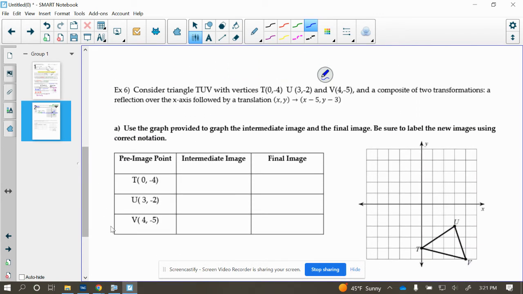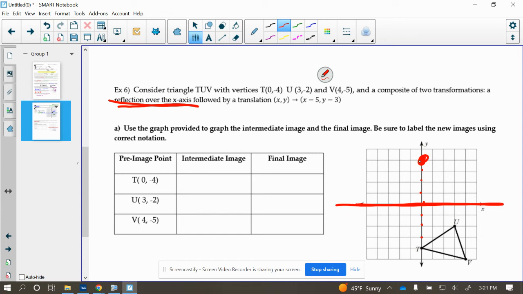All right, now we need to be able to do that process not only with one singular point, but also with some other points combined. This time we have a triangle that we're trying to start translating as well as reflecting. So we're going to start this time with a reflection over the x-axis of our original triangle. So we have 3 points, T, U, and V. T starts 1, 2, 3, 4 units from our x-axis.